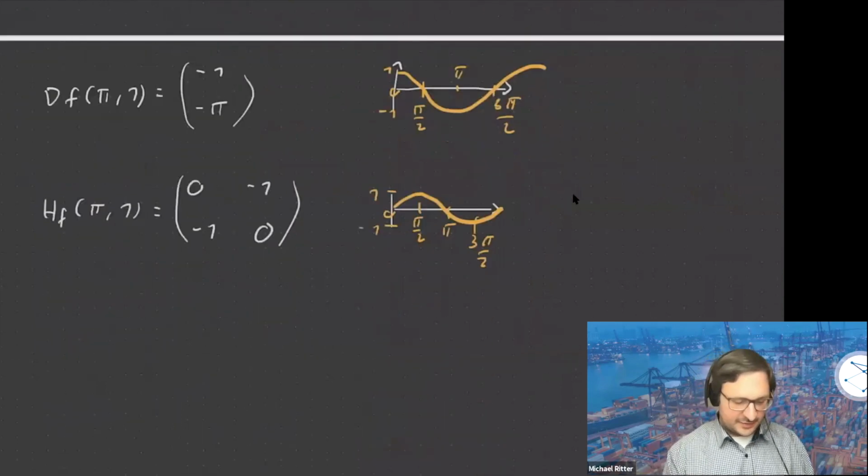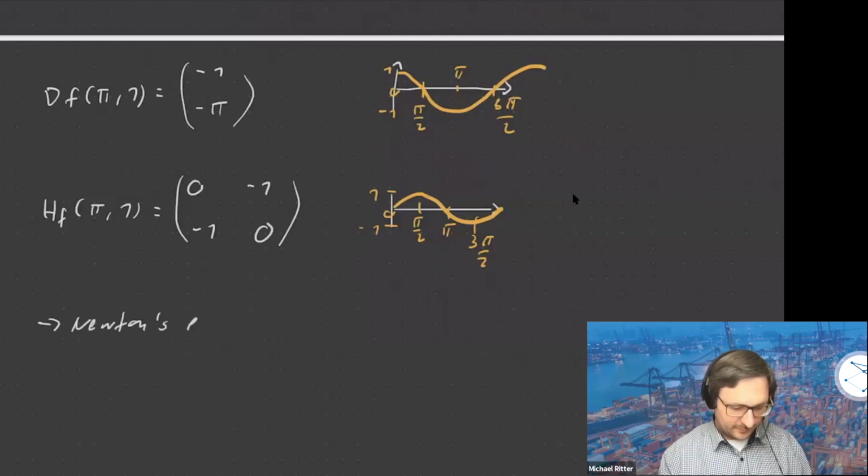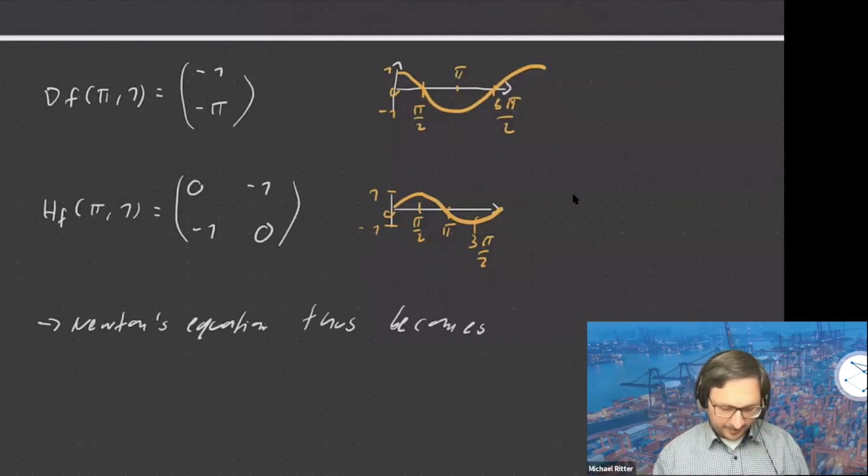And that means we can now write down Newton's equation. So Newton's equation thus becomes, so what we get here is the Hessian. Let me write that down once more. The Hessian of pi and 1 times v equals minus the gradient of pi and 1.